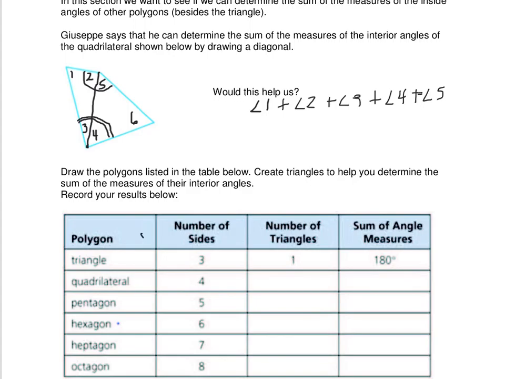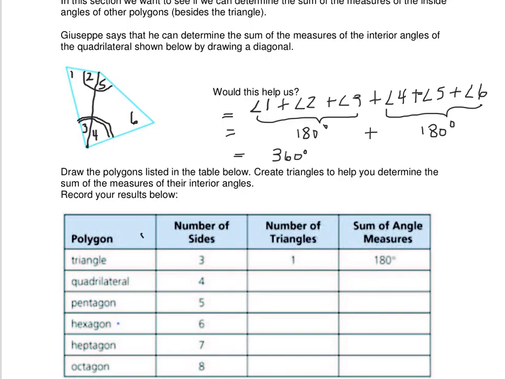Basically, if you put all those angles together and added them up, you would get the 4 angles of the quadrilateral. And we know that these 3 together are 180 degrees because they're angles in a triangle, and these 3 together are 180 degrees because they're angles in a triangle, so that adds up to 360.